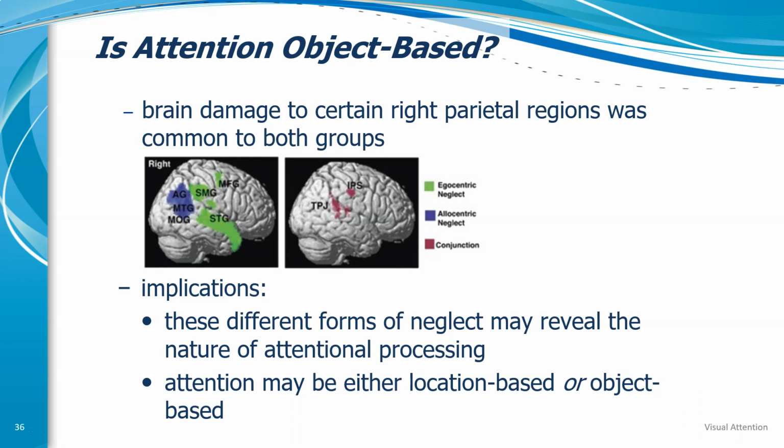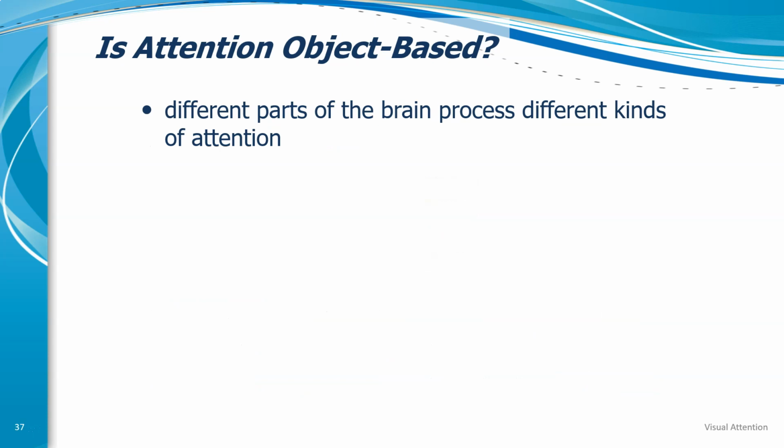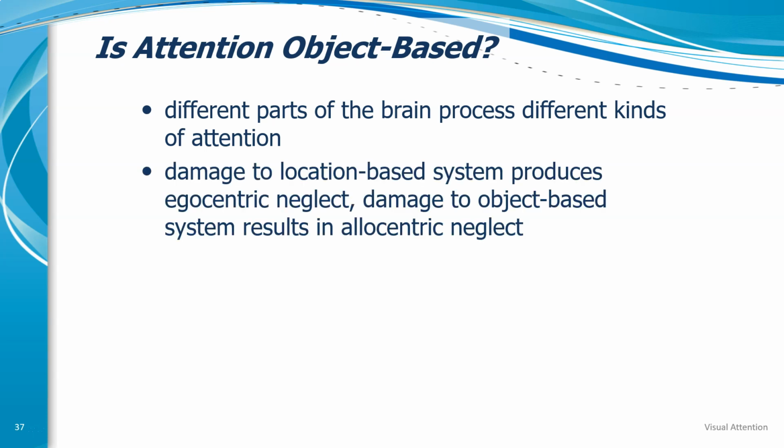This study from 2010 indicates that maybe these different kinds of attention occur in different parts of the brain. If you get damage to your location-based system, that will produce egocentric neglect. Damage to your object-based attentional system results in allocentric neglect.